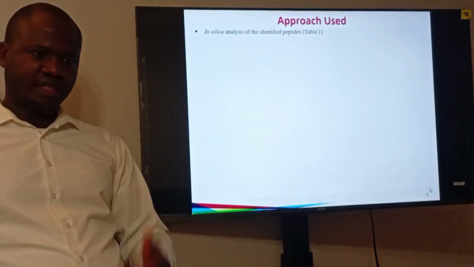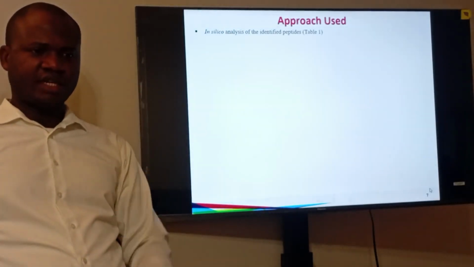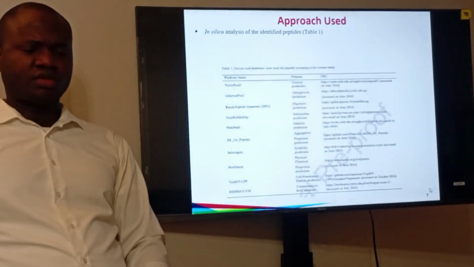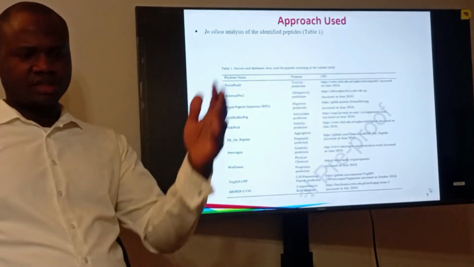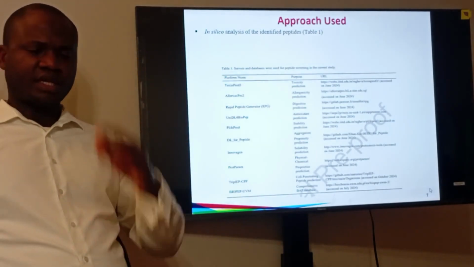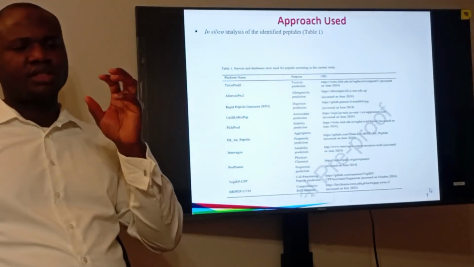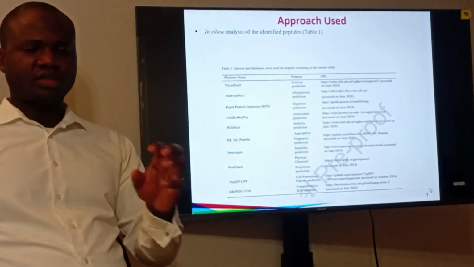That was what led them to conduct in silico analysis of the identified peptides. So they used arrays of in silico methods to screen the peptides that they generated in the study, in order to find those peptides that are biologically relevant.